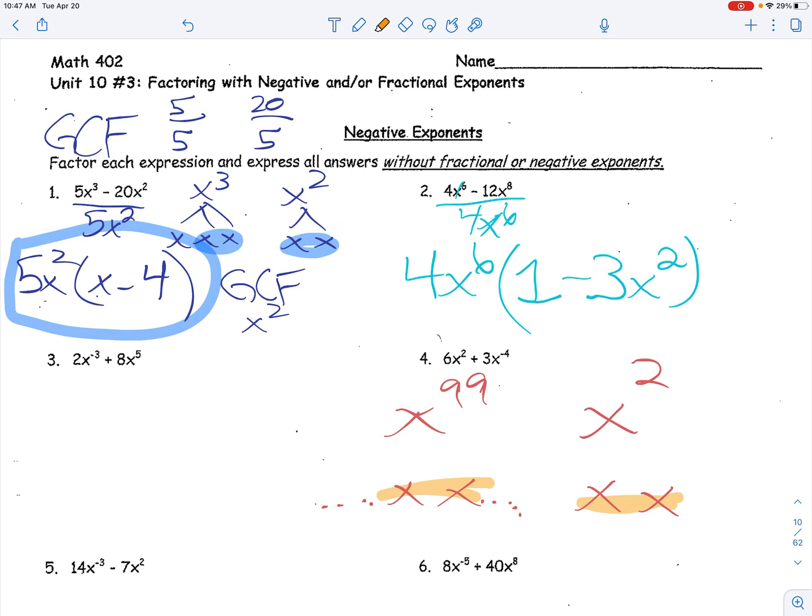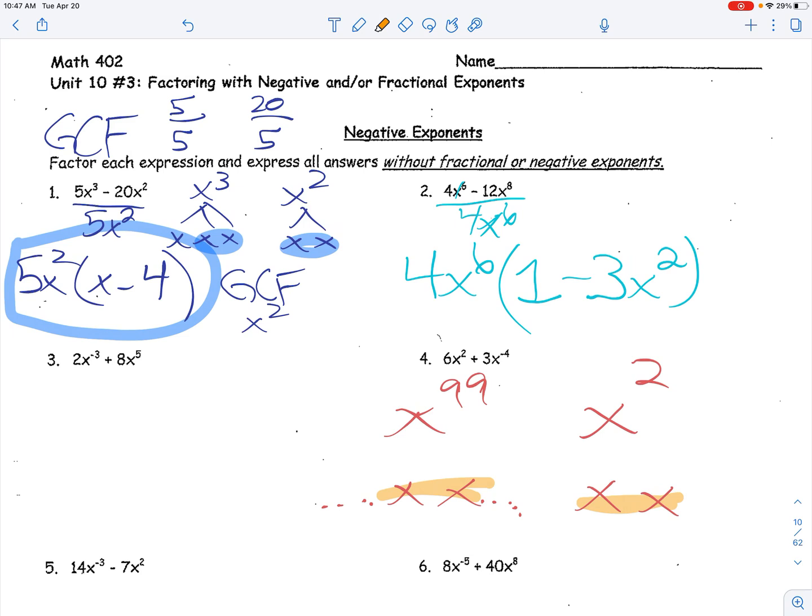So what's the pattern here? In each of those 4 examples with x's, for the GCF that I just talked about, what was the greatest amount of x's for your GCF? What was it always?